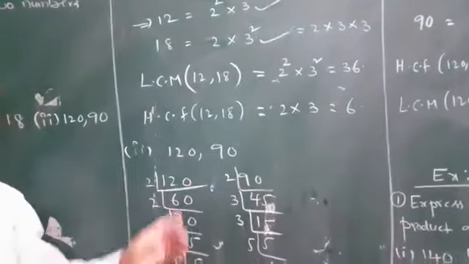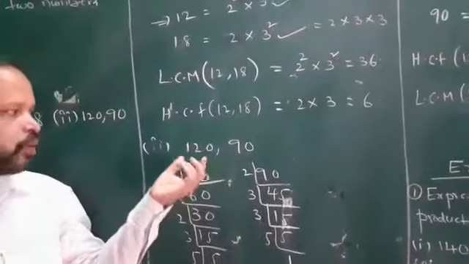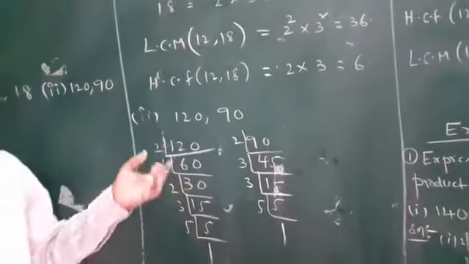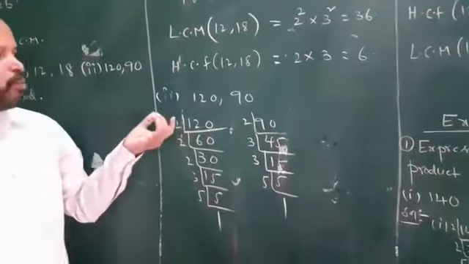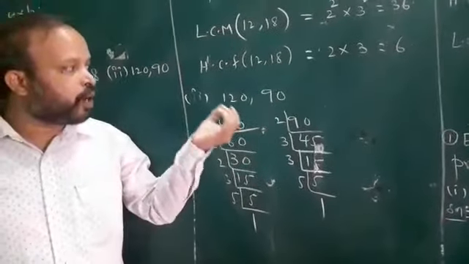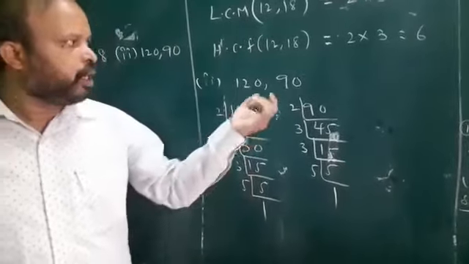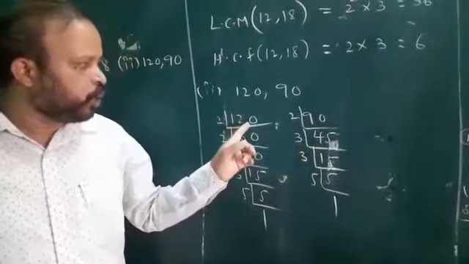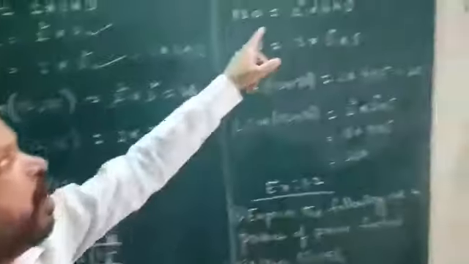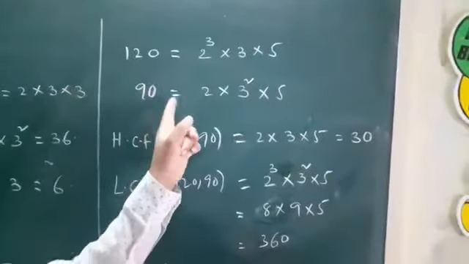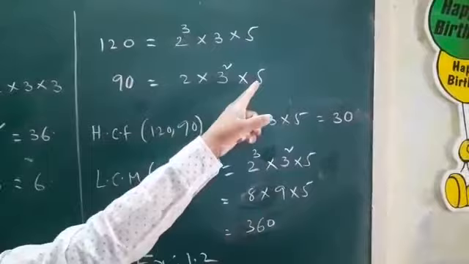Same like that, 120 and 90. First you have to write the prime factors. Next problem: find the LCM and HCF of 120, 90. First do the prime factorization for 120 and for 90. So 120 is equal to 2 cube into 3 into 5, and 90 is equal to 2 into 3 square into 5.